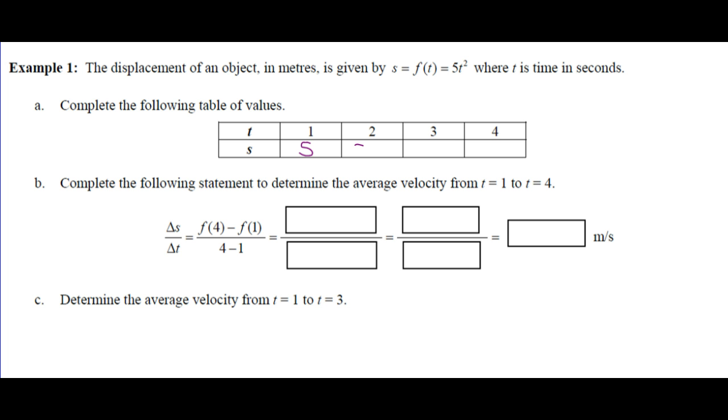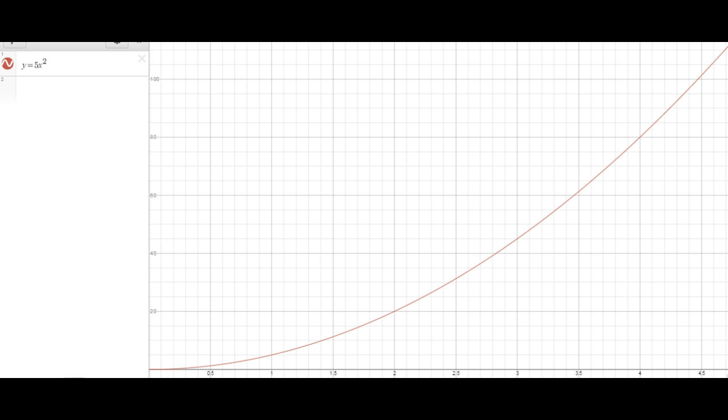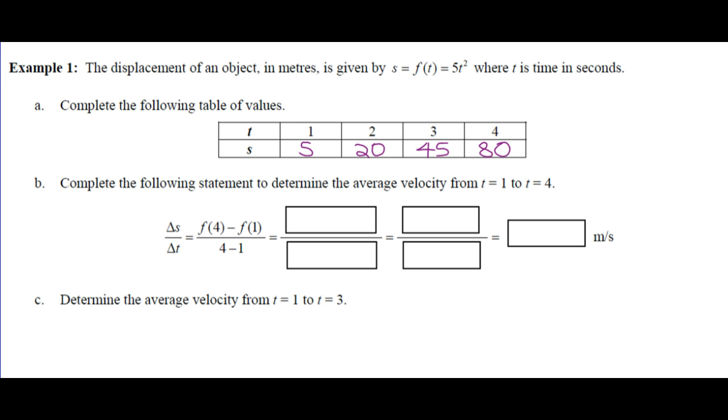In 3 seconds, 45. In 4 seconds, 80. I've sketched that out for us: there's y equals 5x squared, and here's our 4 seconds and our 80 and so on.